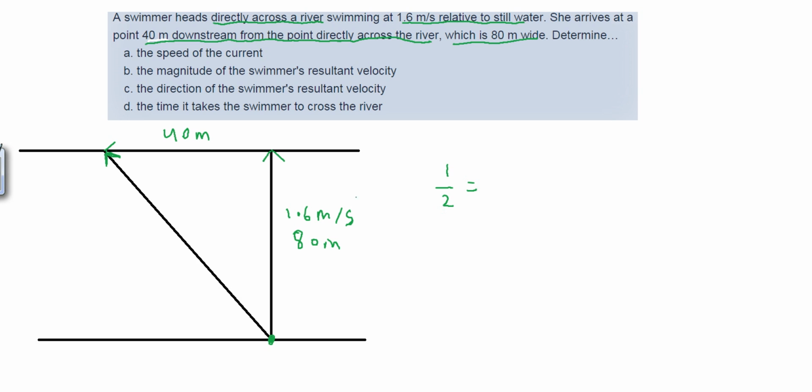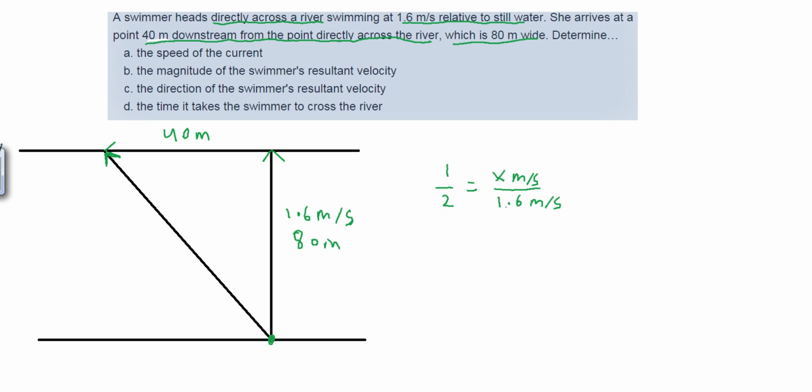And since this is on the same triangle that we put the speed on, we can say x meters per second over 1.6 meters per second. Because this is the same triangle, this 40 over 80, which is 1 over 2, is going to have the same ratio as the speed for this triangle.